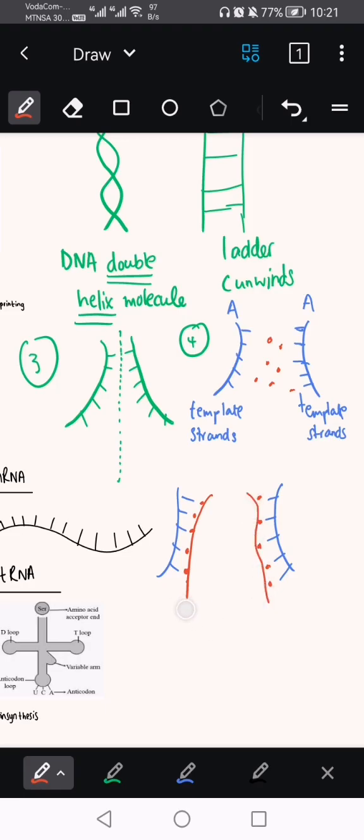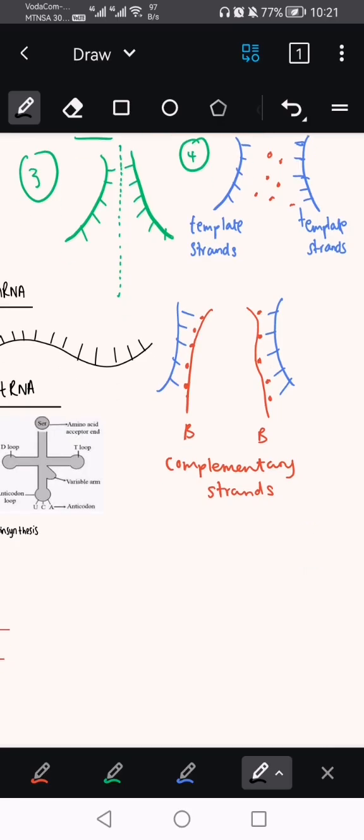Those two new strands are called complementary strands because they complement the template. It's not a long process, and ultimately the result of this process is that we now have two identical DNA molecules.